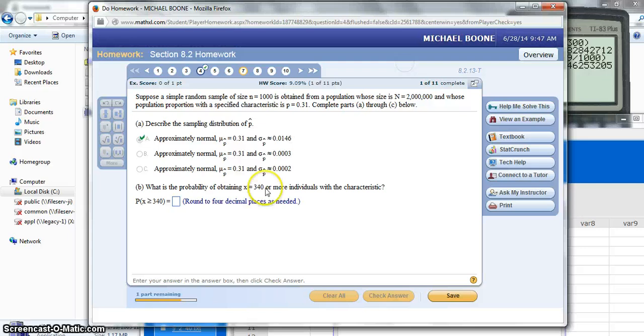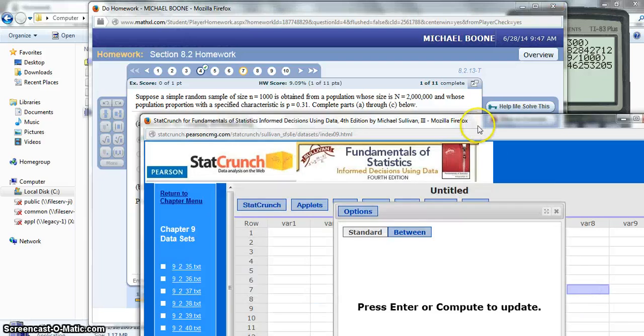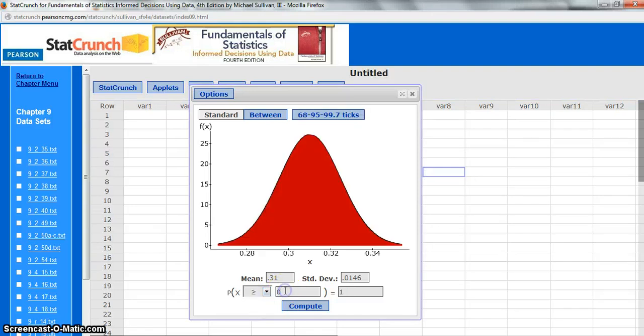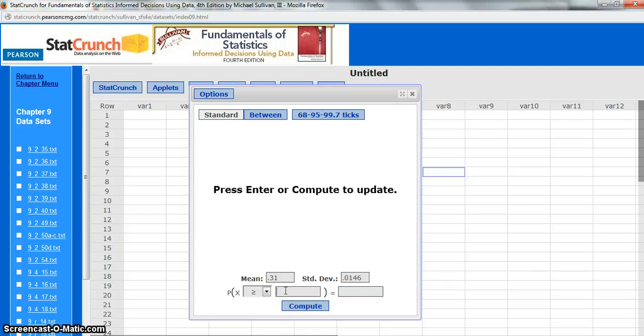They said greater than or equal to 340. So what does 340 mean to us? We're dealing with proportions. So 340 is really 340 over 1,000 because it's a proportion. So 340 out of the 1,000 would be 0.340, or just 0.34.